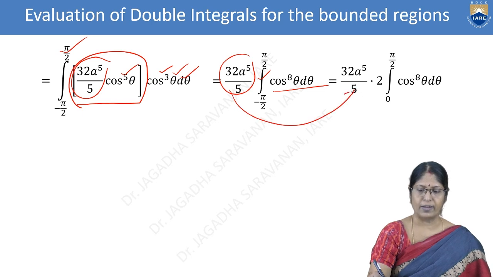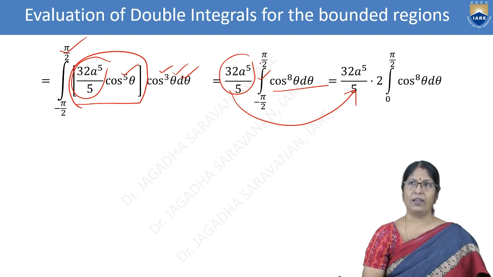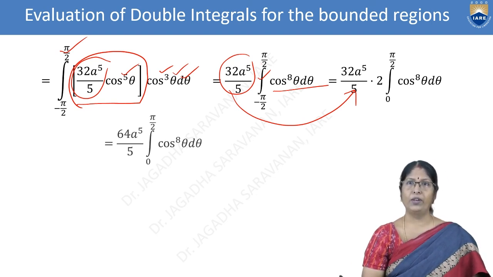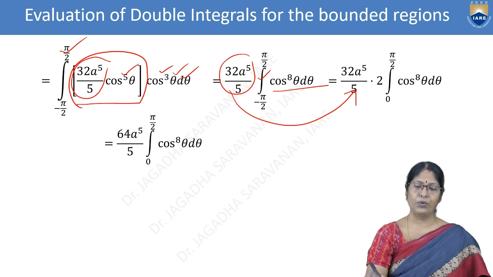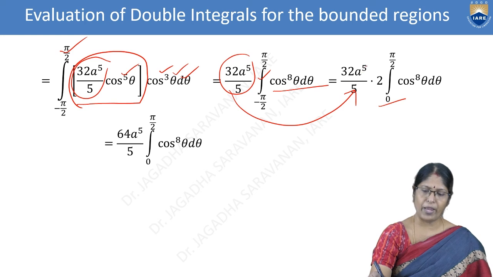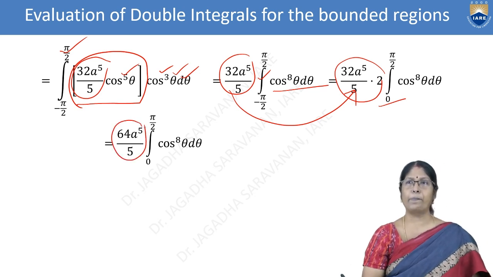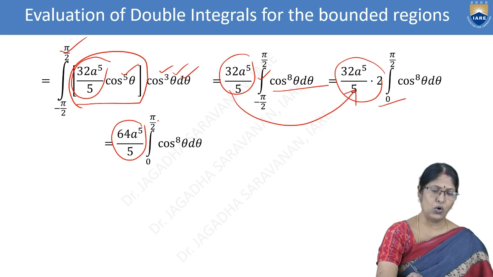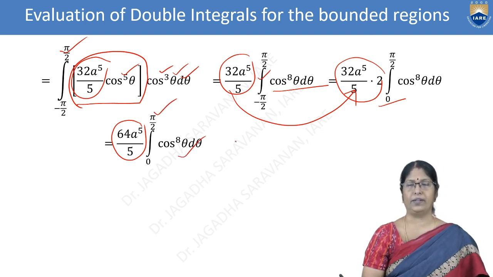Now from minus pi by 2 to pi by 2, we can write it as 2 into the integral from 0 to pi by 2 of cos power 8 theta d theta, using the formula. Next, 32a power 5 by 5 with this 2 becomes 64a power 5 by 5, integral from 0 to pi by 2 of cos power 8 theta d theta.